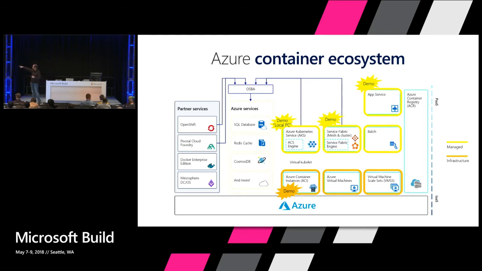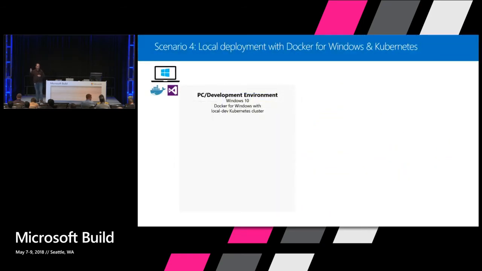So we're going to talk about those as well today, and well, not batch, but the other three, and do a demo. And the first one would be Kubernetes, and we start the same way as previously.